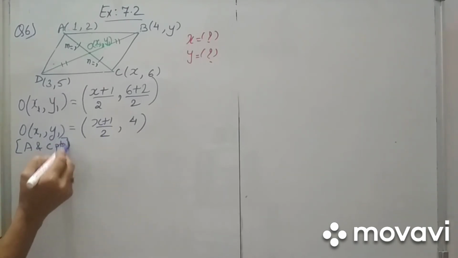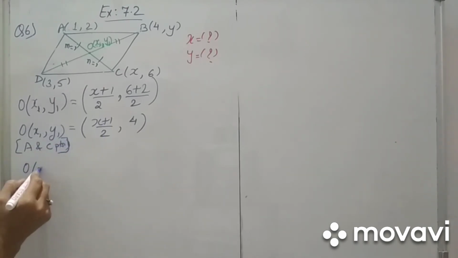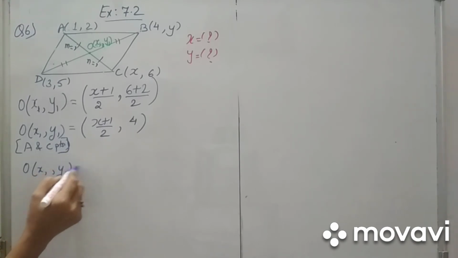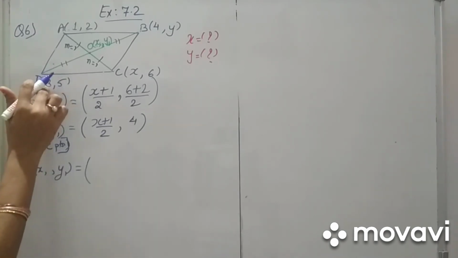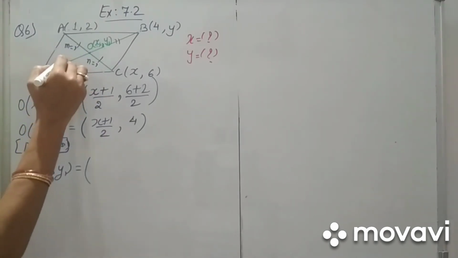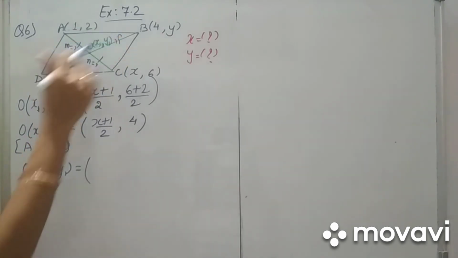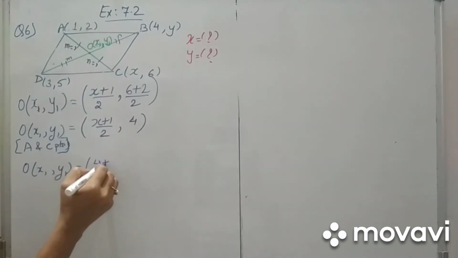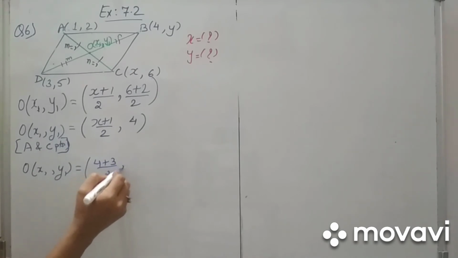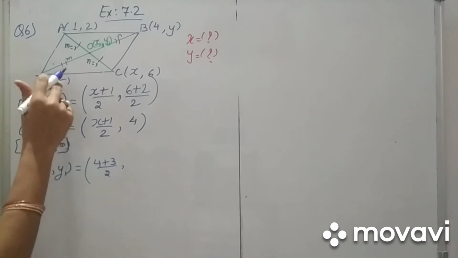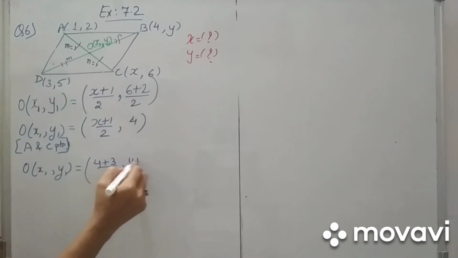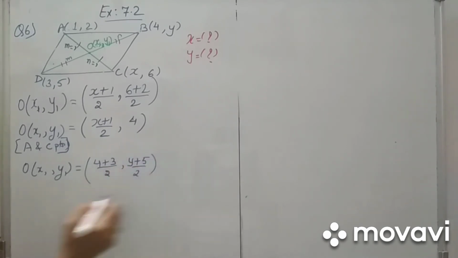Now same way, I will get the coordinate of x1 y1 using B and D as my coordinate. So as I told you just now, if I take this as m and this as n, 4 plus 3 upon 2, and another is y plus 5 upon 2.